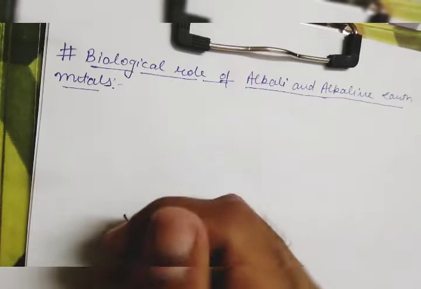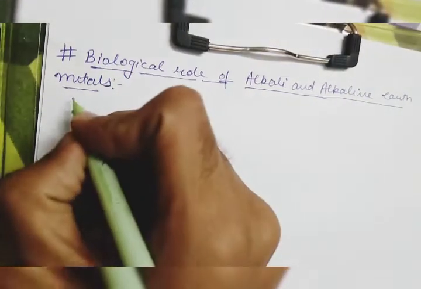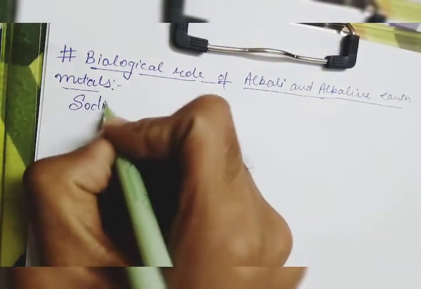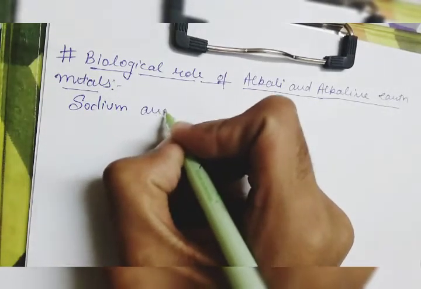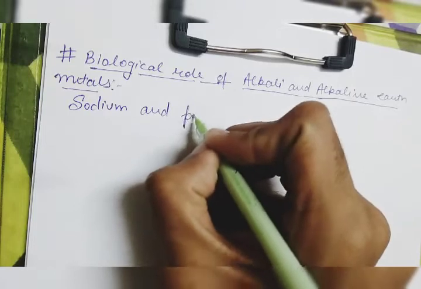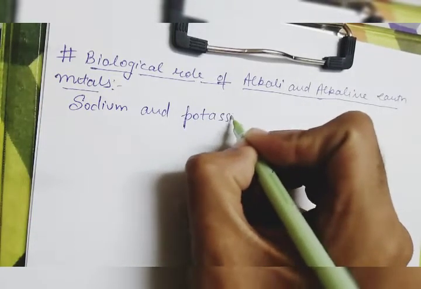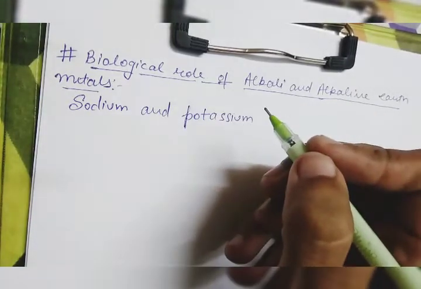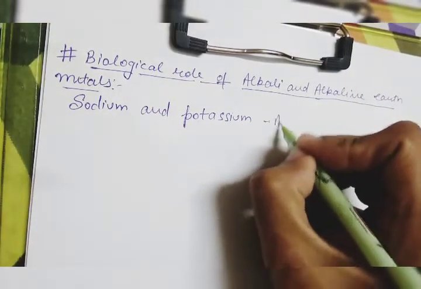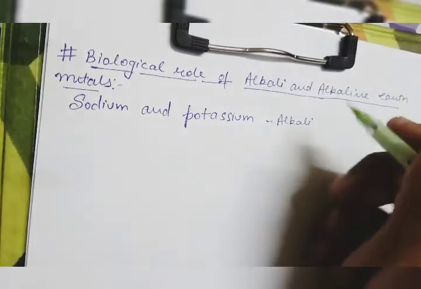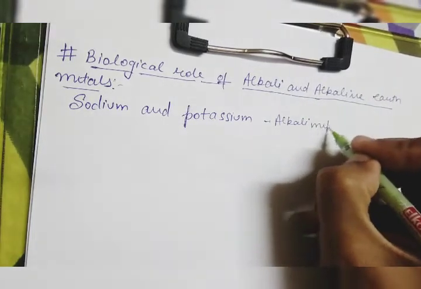Alkali metal ions such as sodium and potassium, and alkaline earth metal ions. These are alkali metal ions.